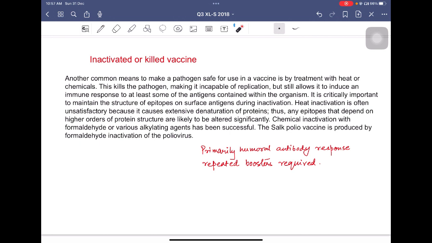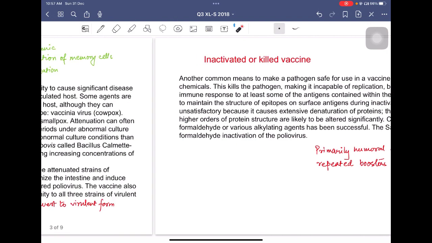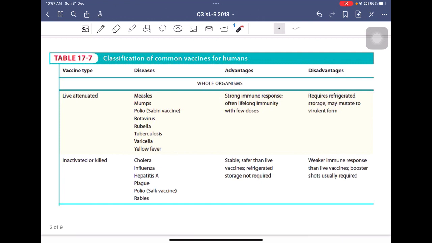But since this is an inactivated vaccine and it cannot replicate inside the host, it primarily produces humoral antibody response. And since it is an inactivated vaccine, it requires repeated boosters, unlike the single immunization of live attenuated vaccine, right? So these are some of the advantages and disadvantages of the inactivated or killed vaccines.